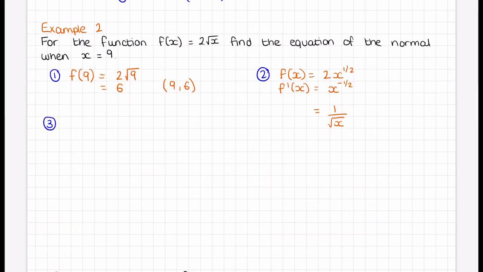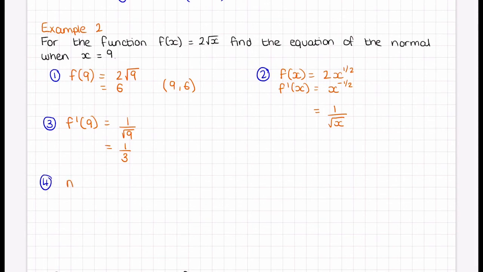So step 3, we want to sub 9 into our derivative. So sub our x coordinate into our derivative function to find the gradient, which should be 1 over the square root of 9, which gives us a third. Because we're finding the normal, we need to find the negative reciprocal of this.